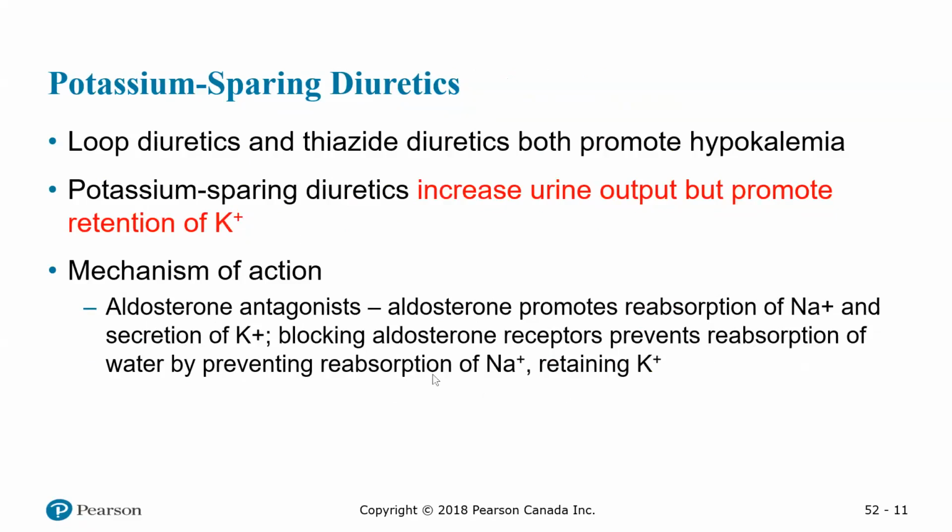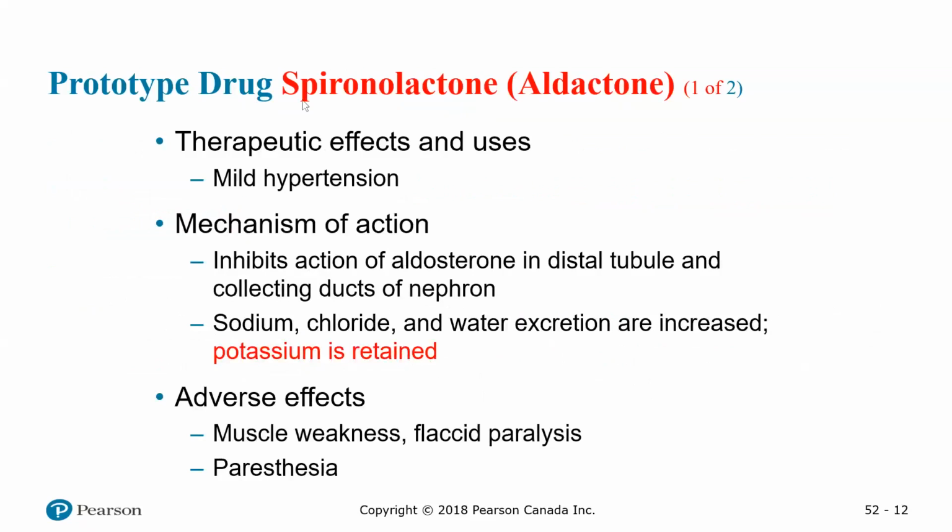An example of that is spironolactone or Aldactone. The therapeutic effect is for mild hypertension, and the mechanism of action is to inhibit the action of aldosterone in the distal tubule and collecting duct of the nephron. So sodium chloride and water are excreted, and potassium is retained. Adverse effects are muscle weakness and flaccidity.